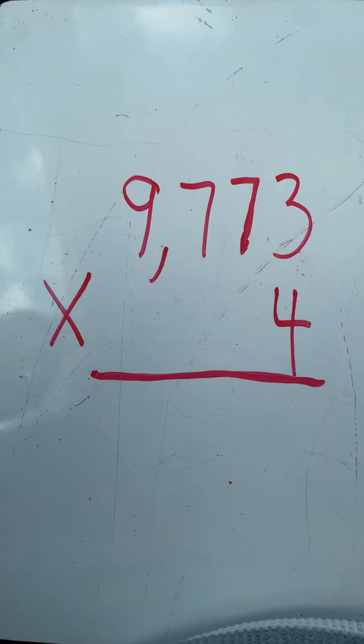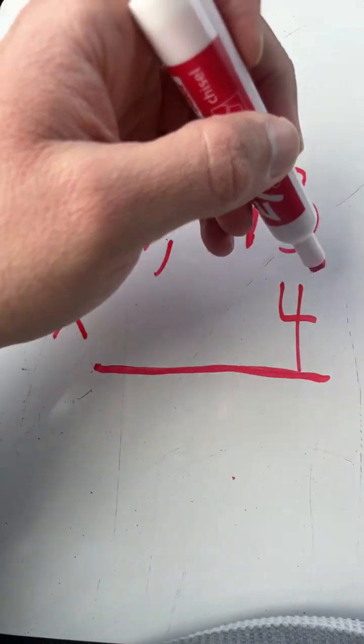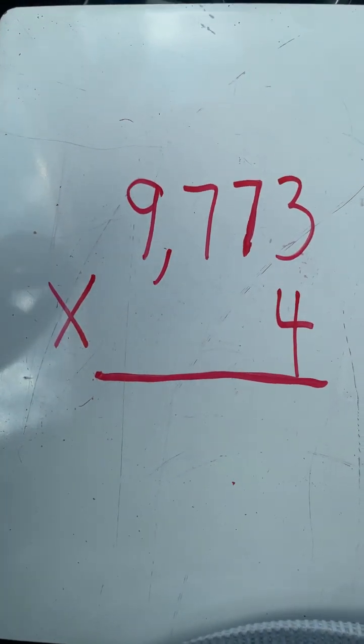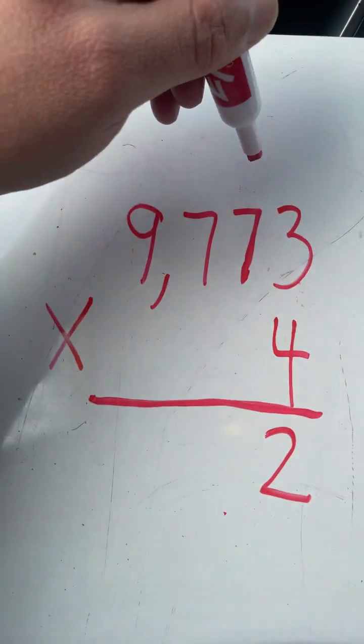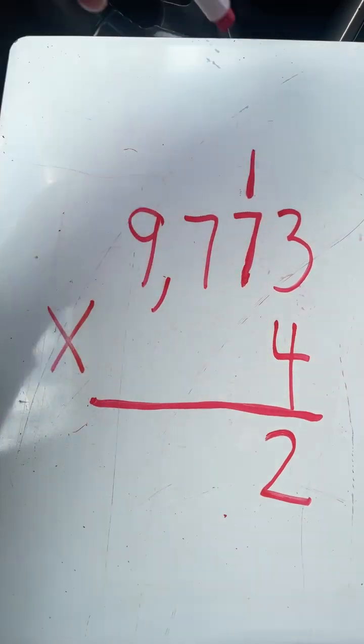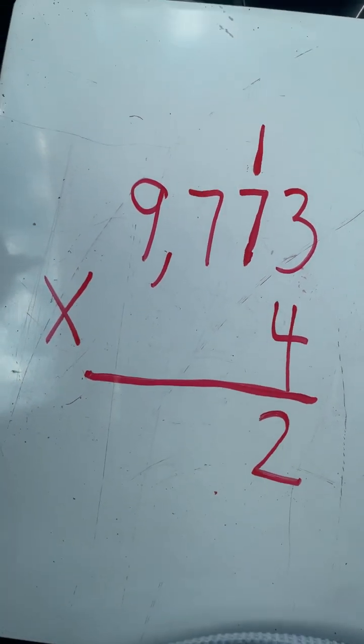So 3 times 4, we always start out in the ones place. 3 times 4 equals 12. So the 2 in 12 goes in the ones place. The 1 in 12 gets carried over to the tens place.